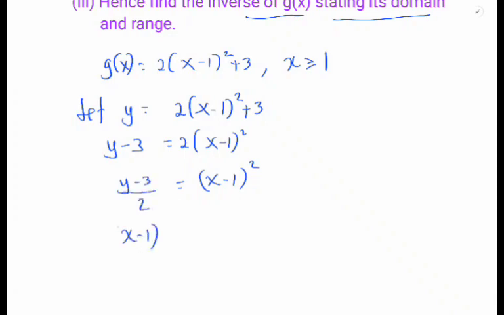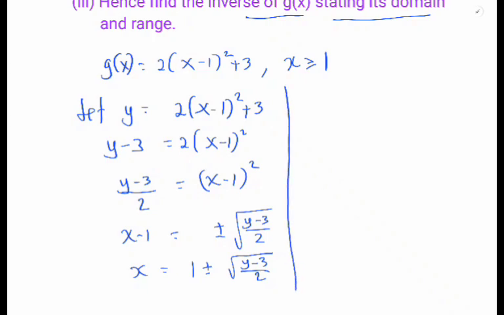Here x minus 1 equals plus or minus the square root of (y minus 3) over 2, and therefore x equals 1 plus or minus the square root of (y minus 3) over 2.